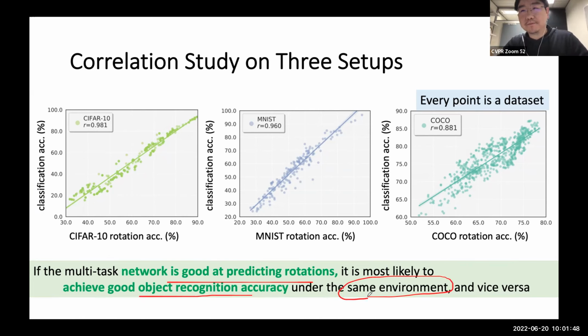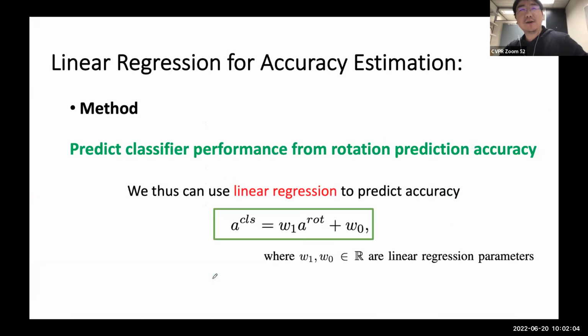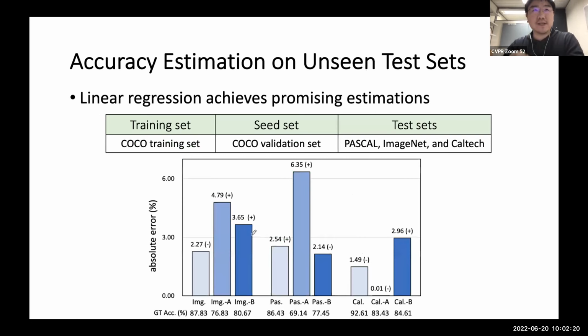Once we discover this relationship, we can estimate our object recognition accuracy from its rotation prediction accuracy. It's very simple to design a linear regression model which only has 2 parameters, using the rotation prediction accuracy as input and outputting the classification accuracy. These are some results in a similar format as we've seen before.